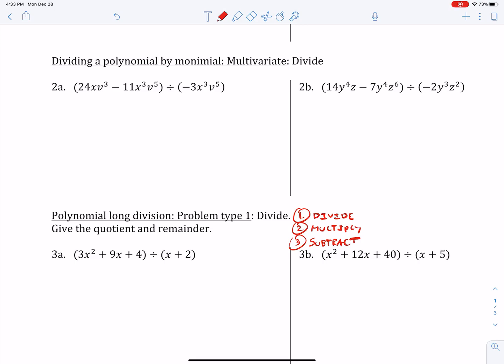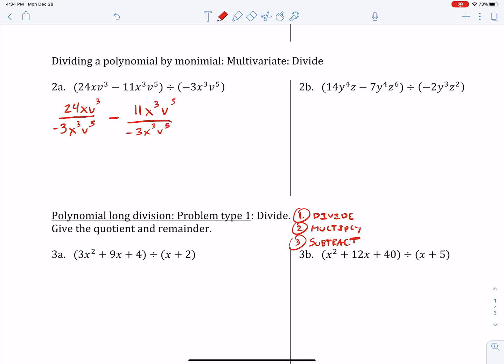So we'll have 24x v to the 3rd all over our negative 3x to the 3rd v to the 5th, minus 11x to the 3rd v to the 5th all over negative 3x to the 3rd v to the 5th.